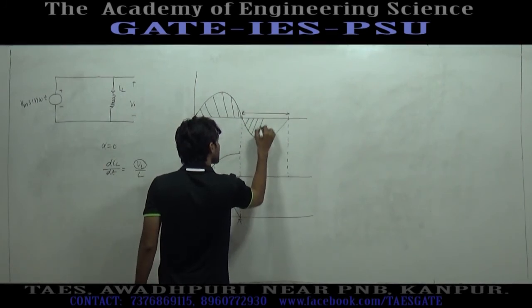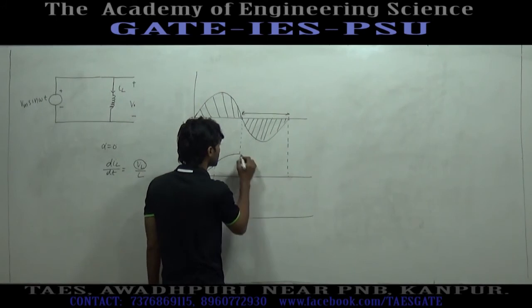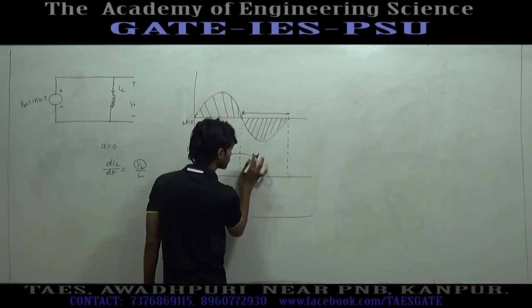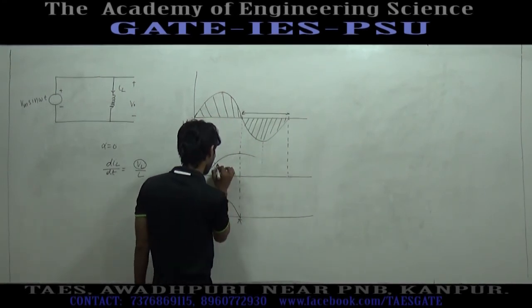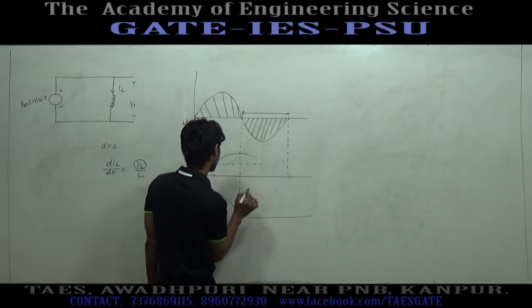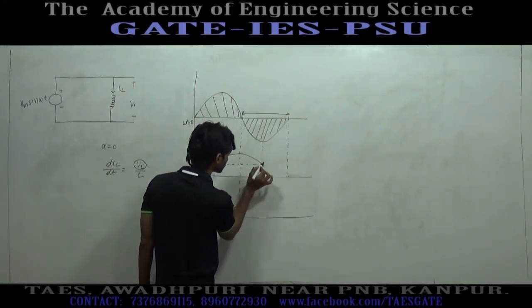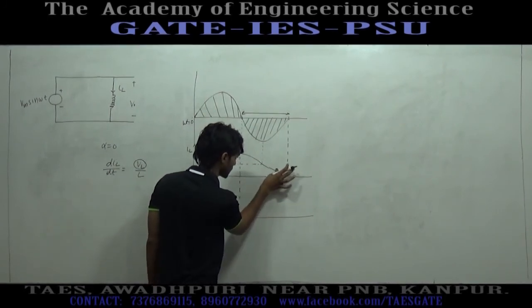So, for this duration, this whole area will be used to reduce the current from maximum to 0. At this point, the current will have this value. This will be the shape of the inductor current.